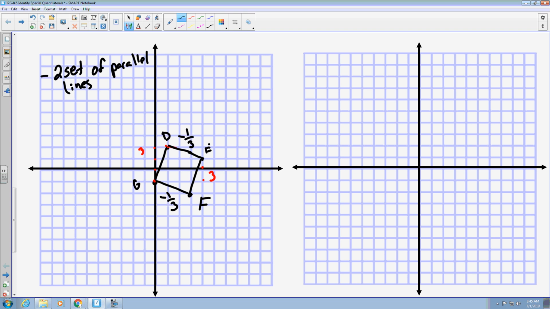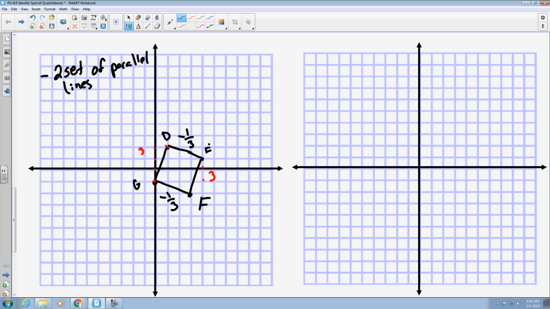And now what we've got to do is see, first off, are the angles 90 degrees. The way we can figure that out is, are the two line segments that intersect perpendicular? We know from previous lessons that perpendicular lines have slopes that are opposite reciprocals of each other.